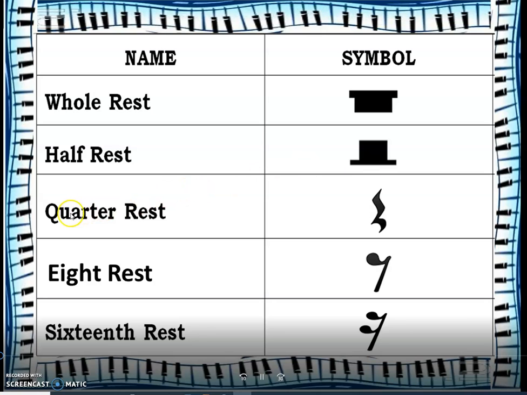Then the quarter rest has this symbol, and the eighth rest has a symbol like a number 7, which has one flag. And then the 16th rest has a symbol like a number 7, but it has two flags. So those are the kinds of rest.